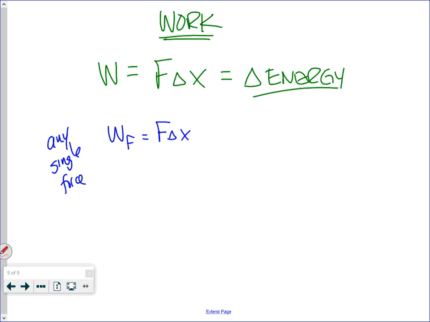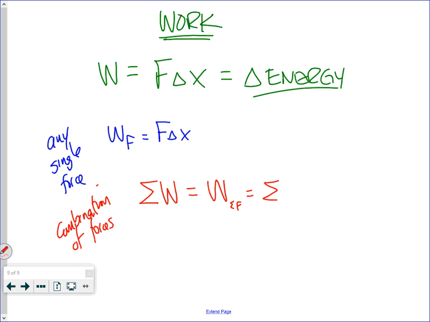For any combination of forces, we say that the net work, or work done by the net force, is the net force times delta x.